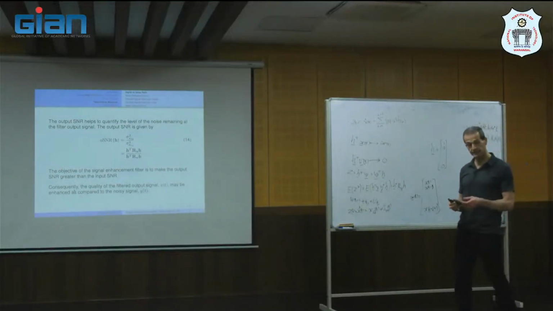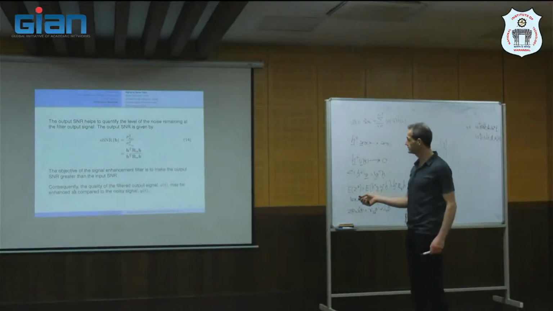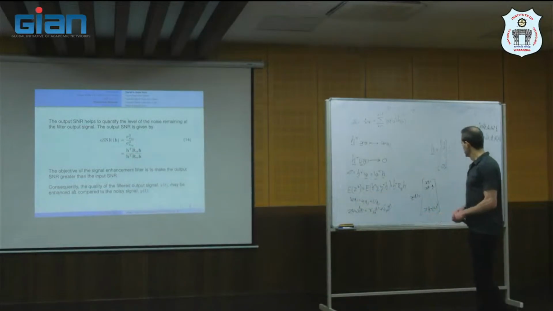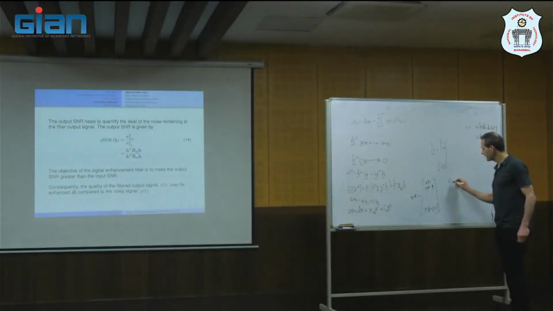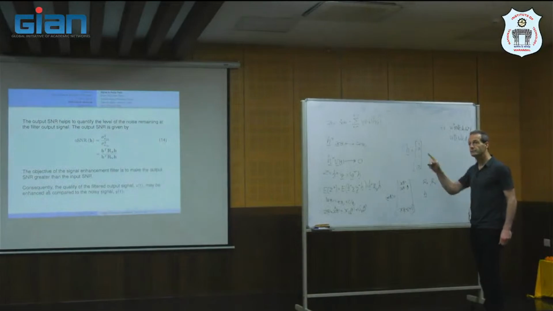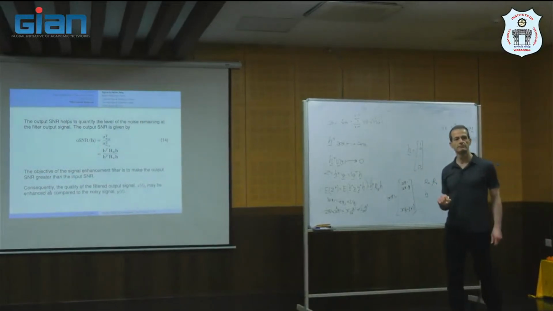And I know this also for the noise vector. So I know Rx and I know Rv, and based on that, I can find H that maximizes the output SNR.